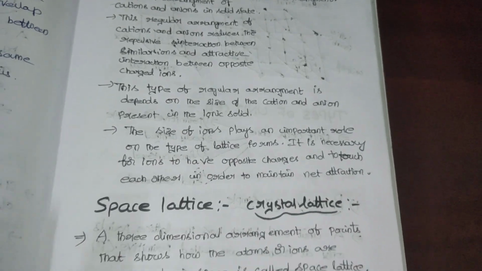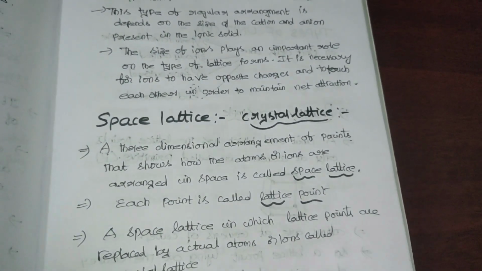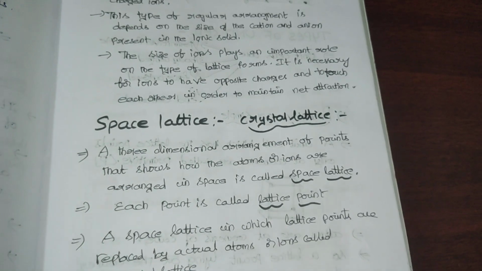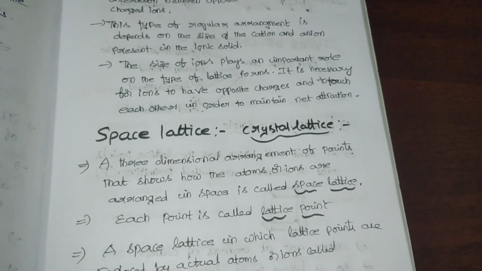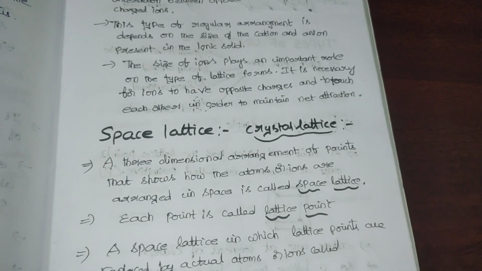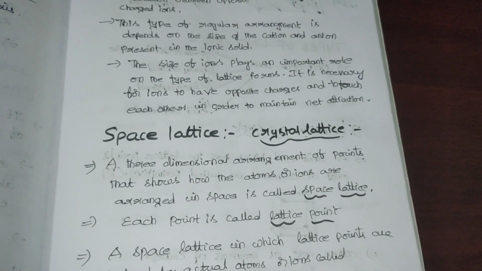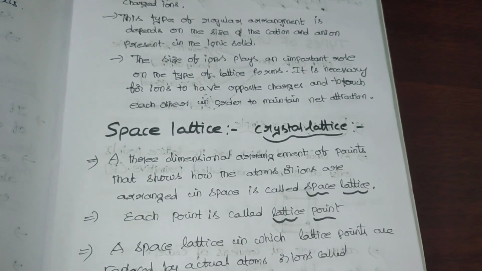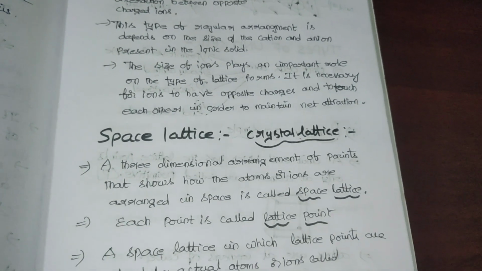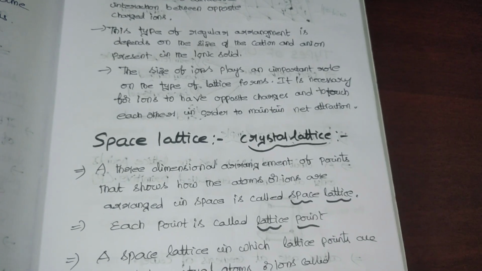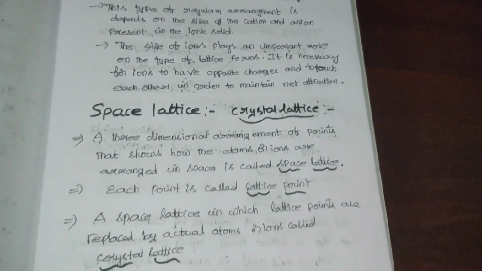Then we'll see what is space lattice, crystal lattice, etc. Space lattice means a three-dimensional arrangement of points. When we take points, they are arranged in a three-dimensional arrangement that shows how the atoms or ions are arranged in space. This three-dimensional arrangement of points is called a space lattice, and each point here is called a lattice point.